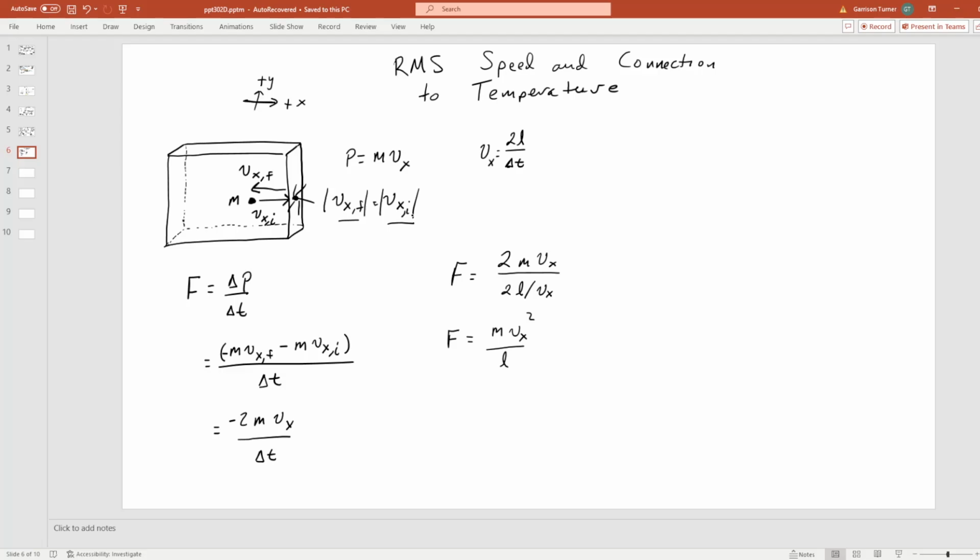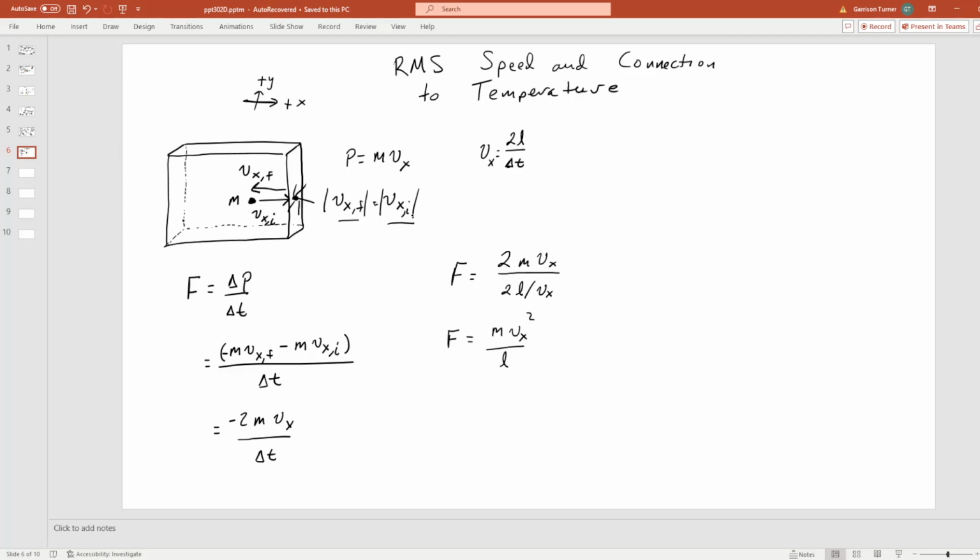What we're going to do is look at the average force. Of course, the maximum force that the container exerts on the molecule is going to be during the collision itself.